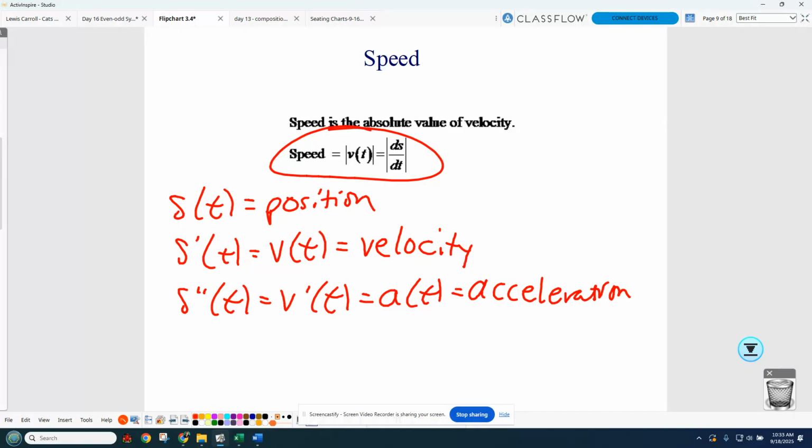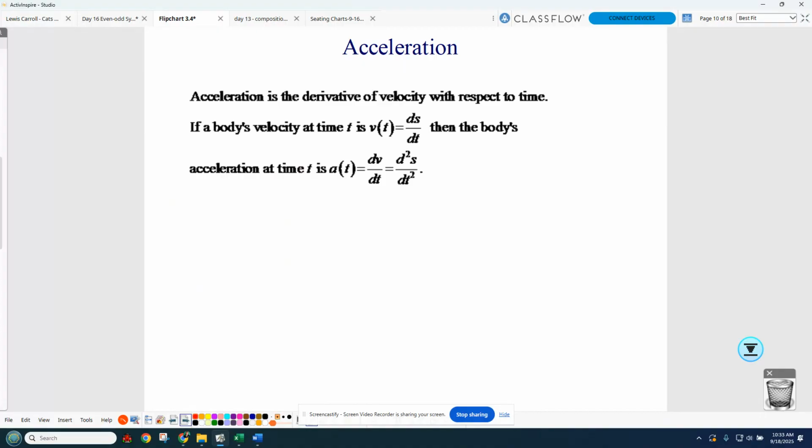When we get to chapter 10, which includes vectors, those little bars will mean magnitude, find the length of that vector. How long is it? But for now, it's not so challenging. Okay, as we just said, derivative of position is velocity, derivative of velocity is acceleration.